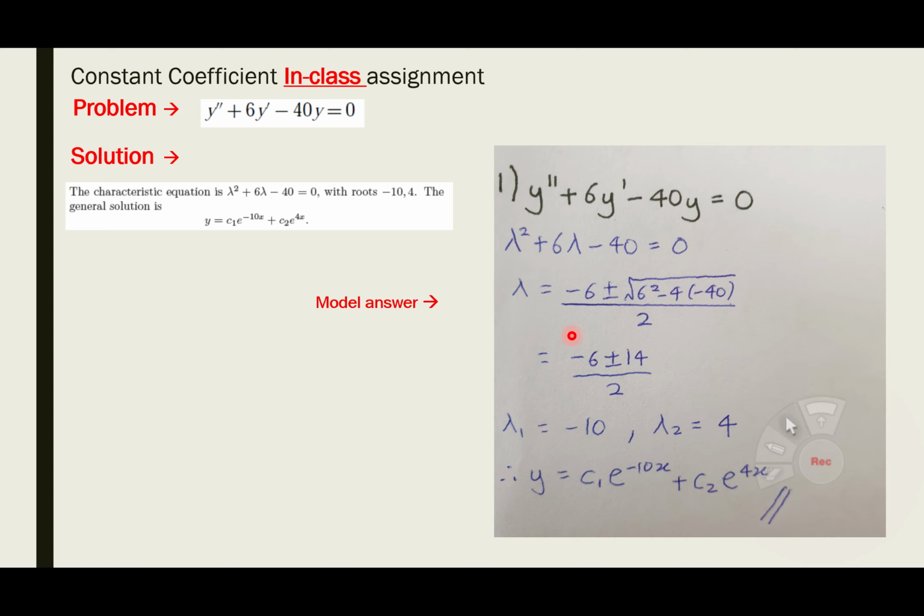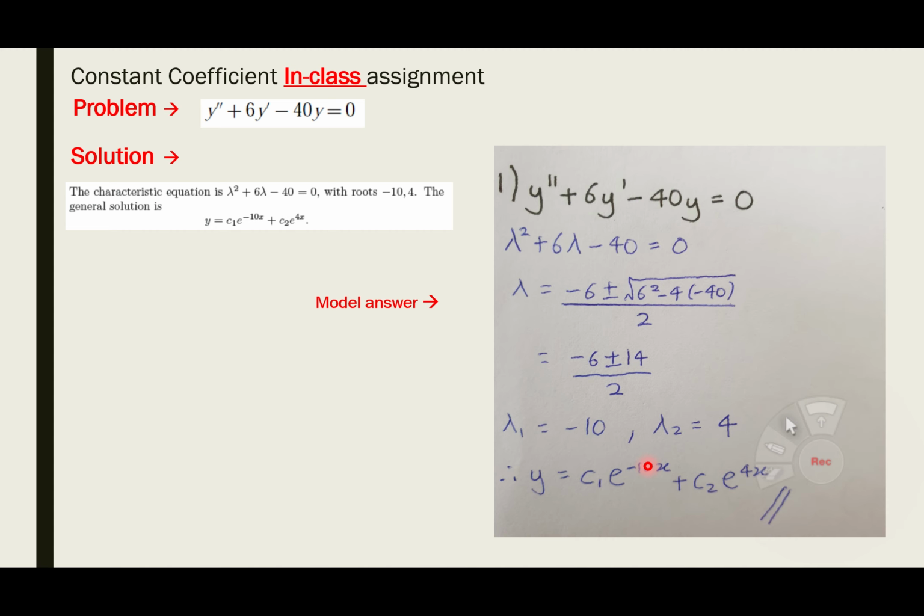After substitution, lambda is going to be two real distinct values: lambda 1 equal to minus 10, lambda 2 equal to 4. Based on this, the general solution is y equal to c1 e to minus 10x plus c2 e to 4x. This is the general solution.